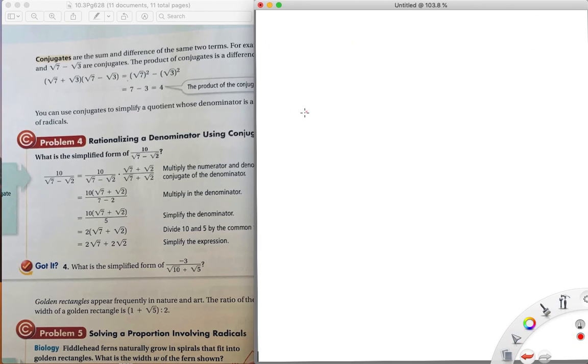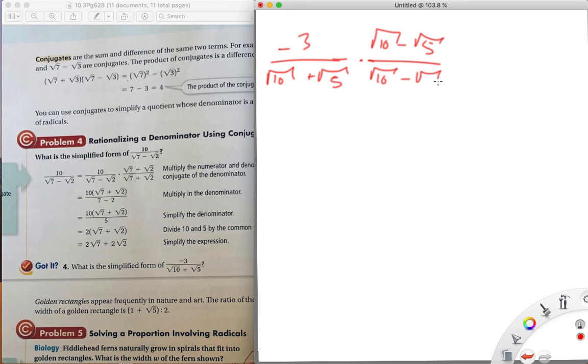All right. So when we have a radical expression in the denominator like this, we can't have radicals, so we can multiply it by its conjugate, which is 10 minus square root 5 over 10 minus square root 5. So we automatically know what the denominator is going to be. The numerator, we're going to use the distributive property in a little bit.